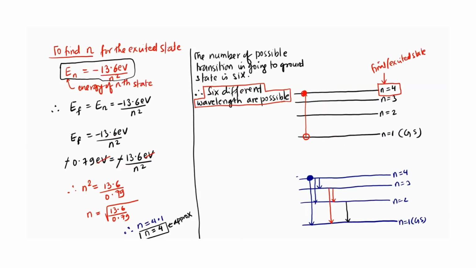And we know that for the largest or maximum wavelength, the energy is minimum. Clear? We can write in this way.